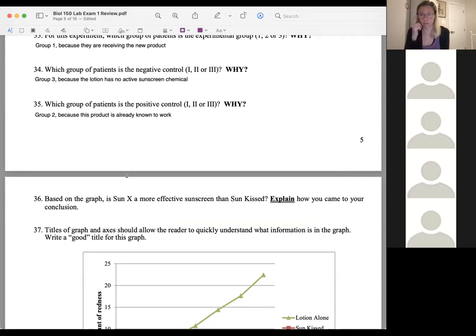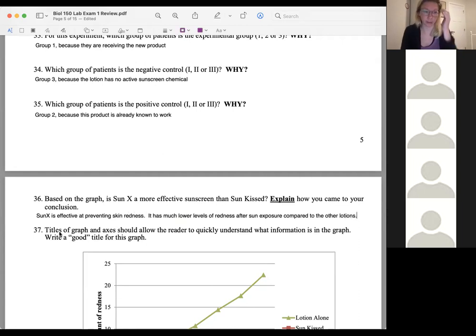It is effective. Sun X is effective. The levels of redness are lower than the other lotion. Right, so it's showing much lower levels of redness after sun exposure compared to the other lotions. Yeah, exactly.